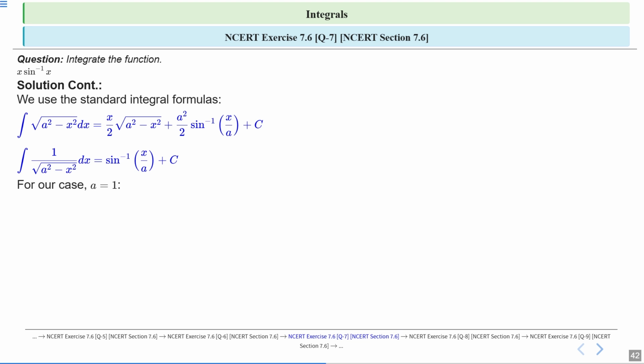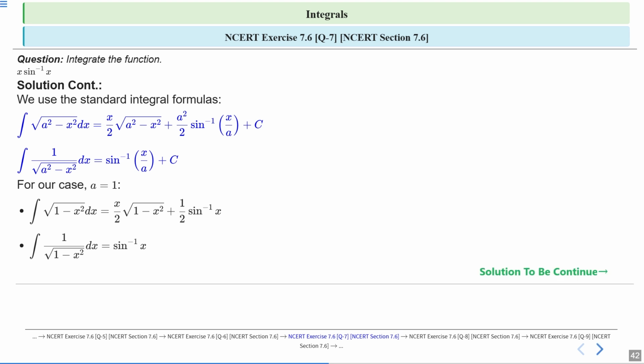For our case, a is equal to 1. So for integration of root under 1 minus x square, just substitute a equal to 1 into the standard formula. So we get x by 2 root under 1 minus x square plus 1 by 2 sine inverse x, and integration of 1 by root under 1 minus x square dx is equal to sine inverse x.